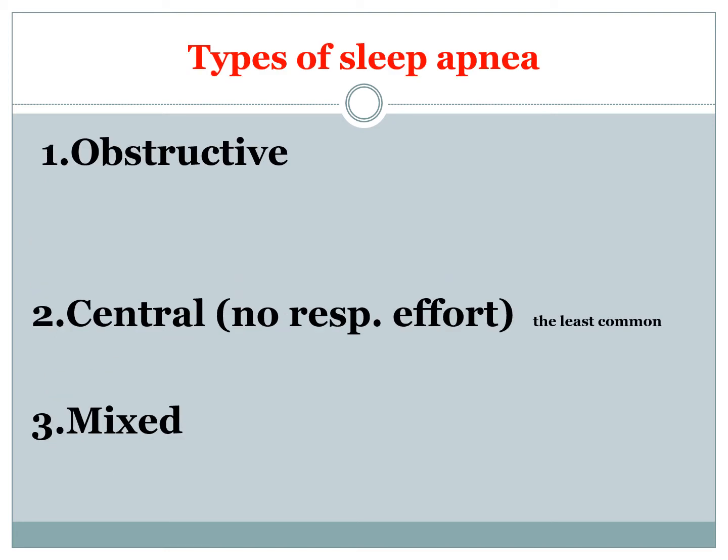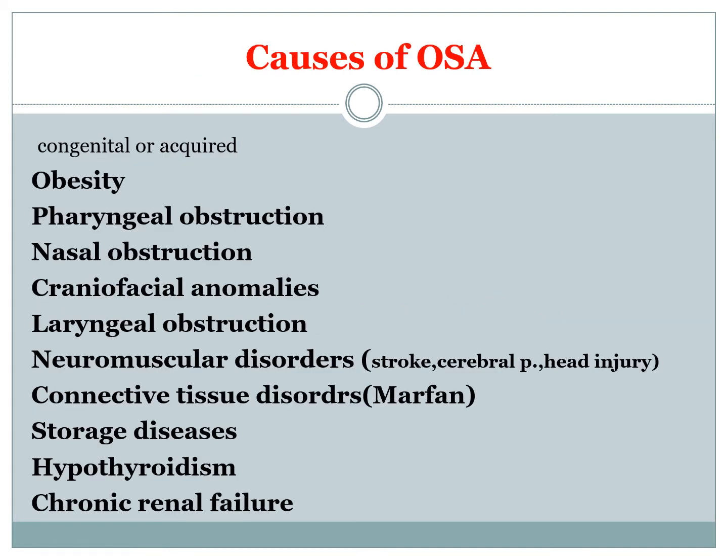There are two types of sleep apnea: obstructive and central, in which there is no respiratory effort and is the least common. Mixed type is present. The causes of obstructive sleep apnea are congenital or acquired.